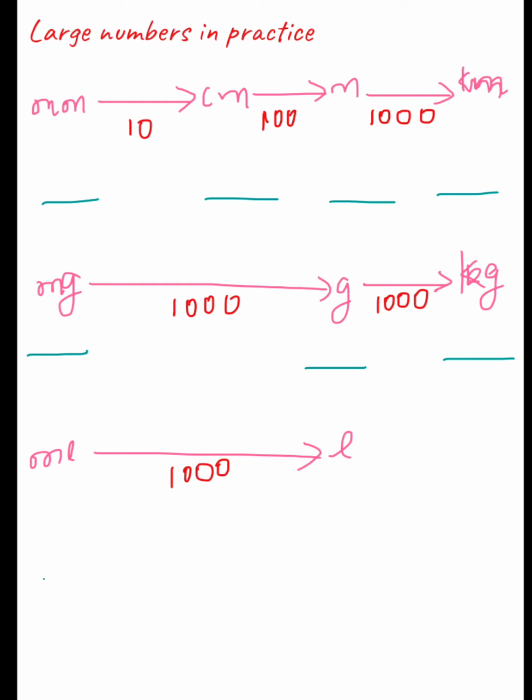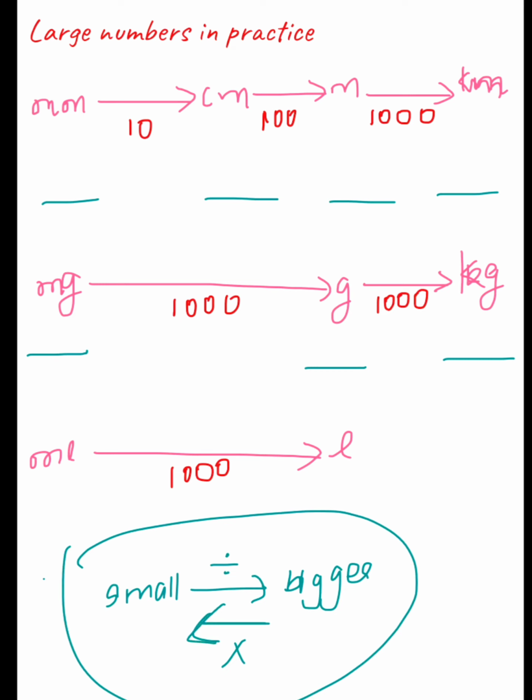So if you are asked to convert millimeter to centimeter, that is, to convert a smaller unit to a bigger unit, what do you have to do? You have to divide. When you are asked to convert a bigger unit to a smaller unit, you have to multiply.